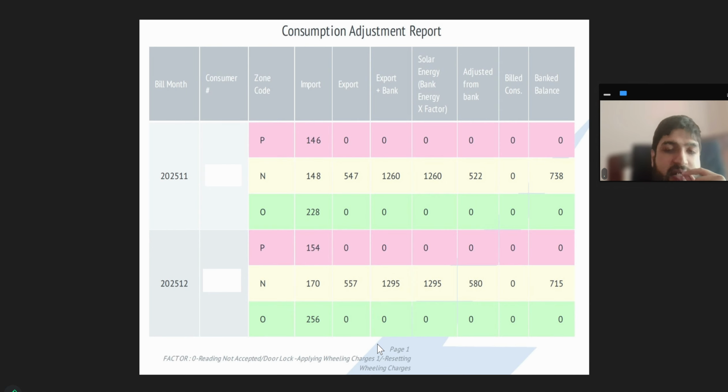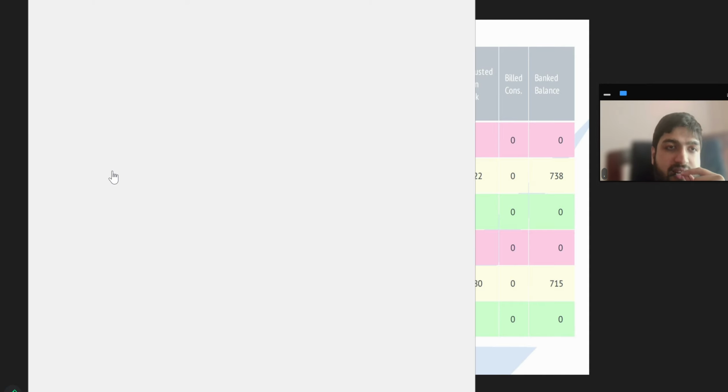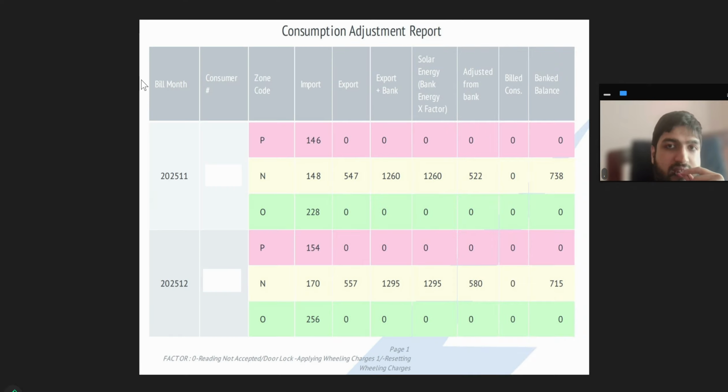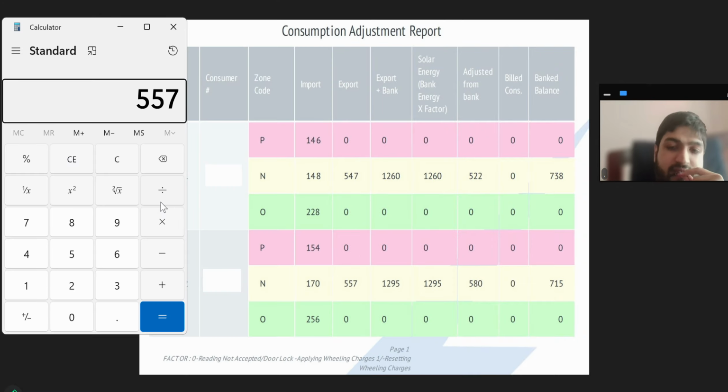So your export in the current month is added to that previous balance. That's 557 plus 738, that's 1295. That is the export plus bank balance till the last month.